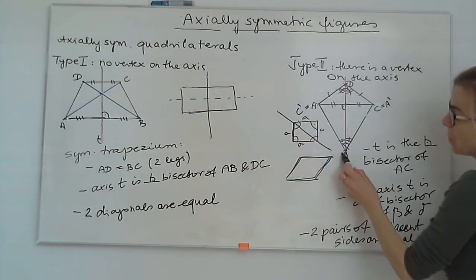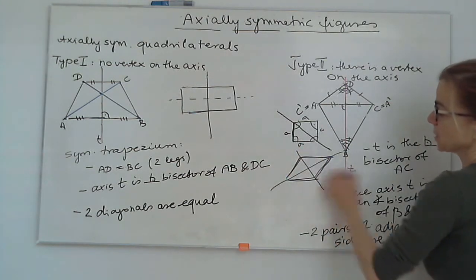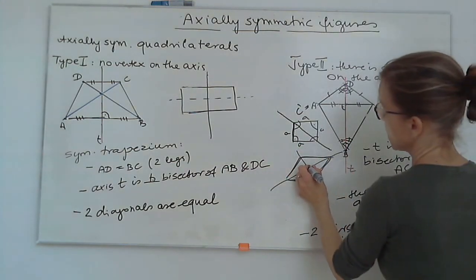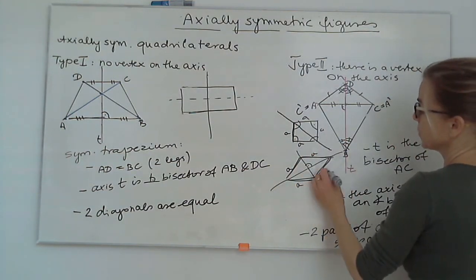And if you take the rhombus again, you have two axes of symmetry going through the vertices. This is the right angle here, and all sides are equal.